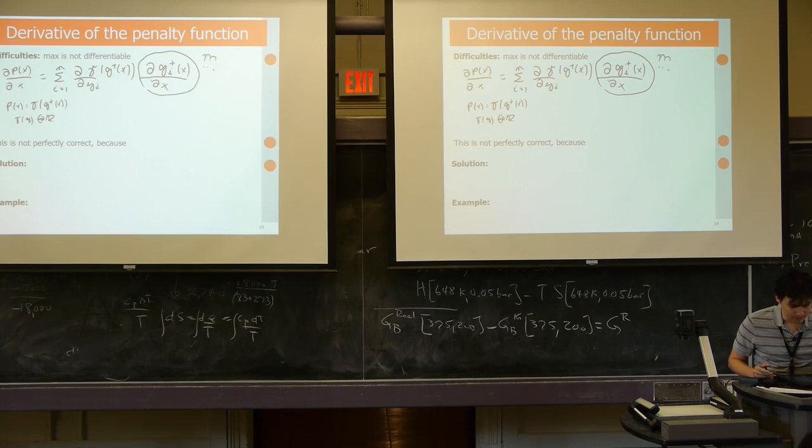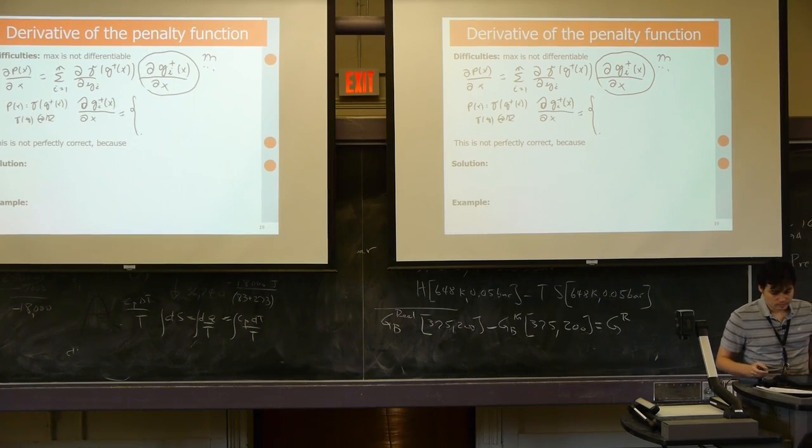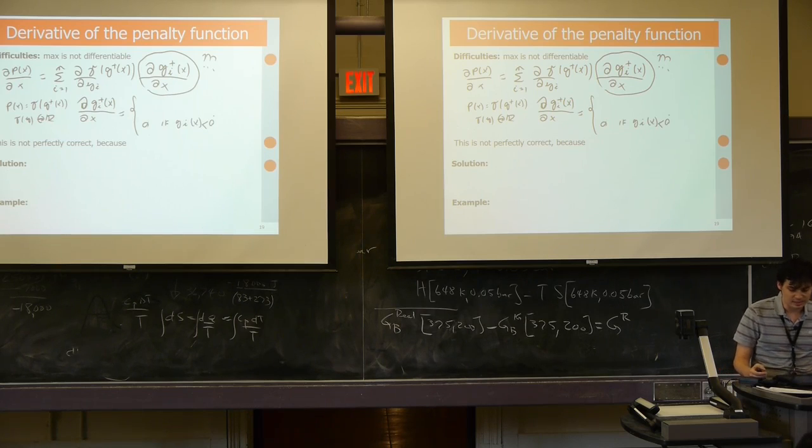So how should we define this expression, gi plus x over dx? So what is this? If Gix is negative, then what is this expression? So if Gix is negative, right? Okay, and what is this expression if Gix is positive?